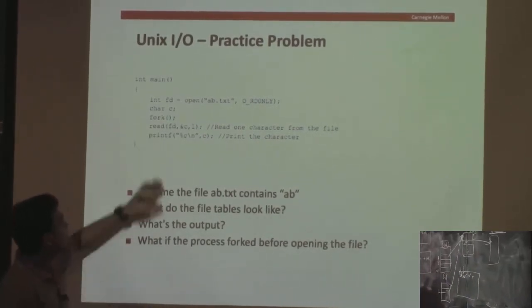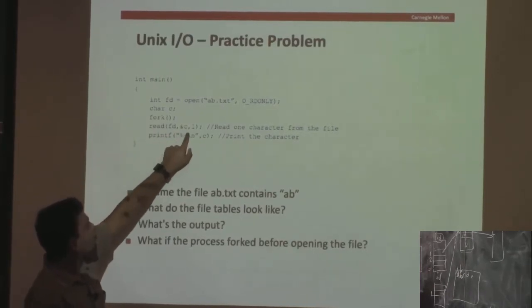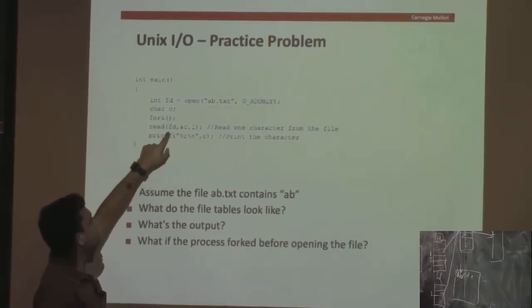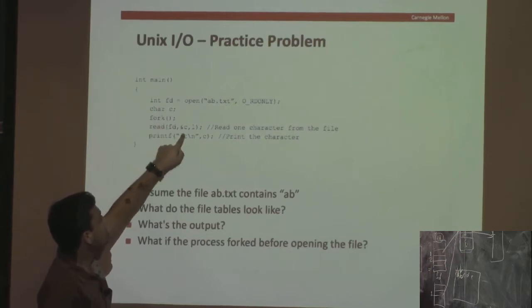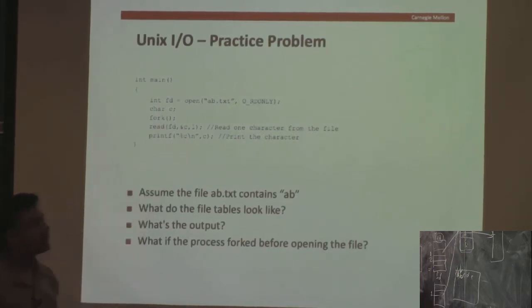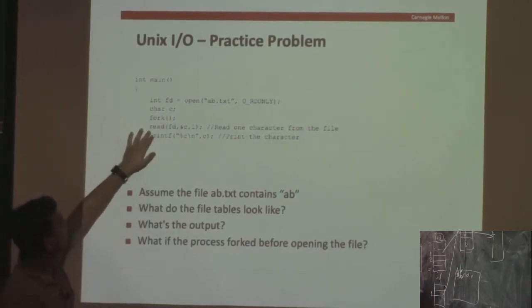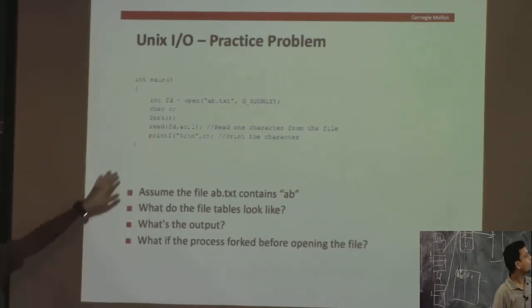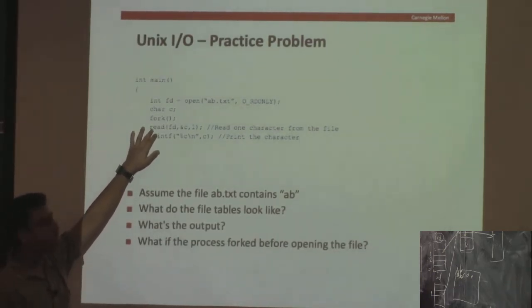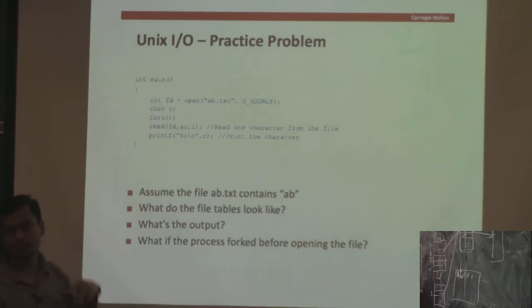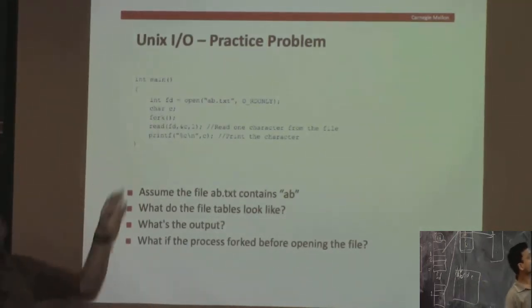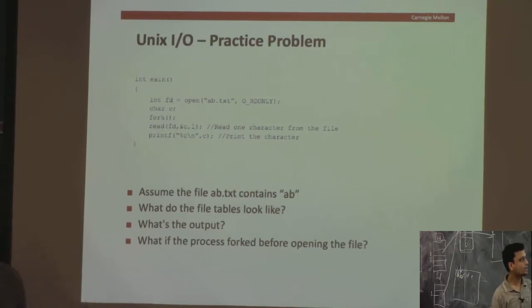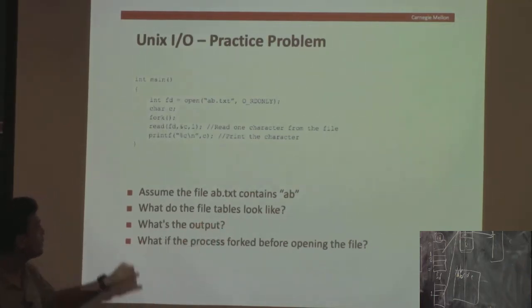Once you do this, you're trying to read one byte from this particular file into this particular character. Since you've done a fork, both the parent and child will continue to run here, which means you'll be doing this operation twice, once for the child and once for the parent. The order of execution depends, and it's not under our control.